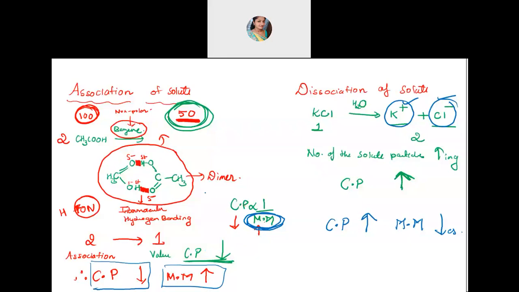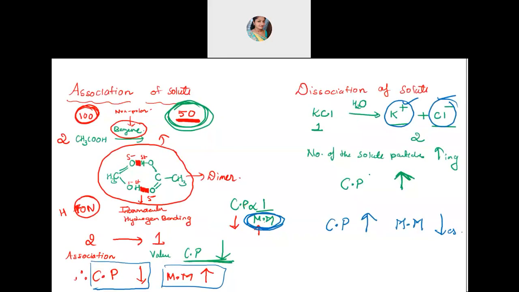That you can see, if they are in the pair, automatically you'll be able to get the molar mass of two molecules. Okay, and in case they are dissociating, that one compound is breaking down. So if one compound breaks down, the number of solute particles will increase. When the number increases, your colligative property value will increase, which decreases the molar mass.